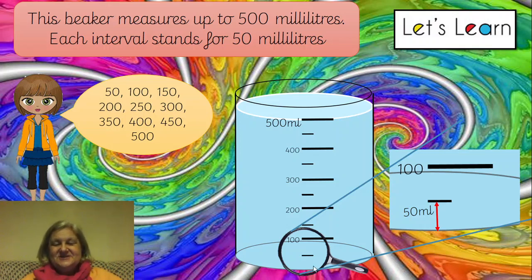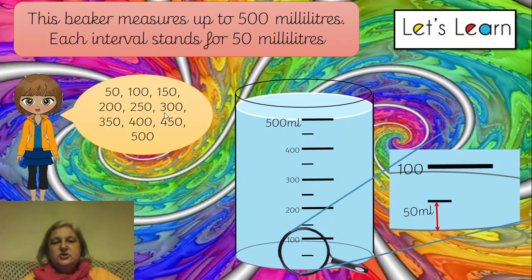Okay, so we're going to jump up and do step counting in 50s. So this would be 50. You can count it together with me. 50, 100, 150, 200, 250, 300, 350, 400, 450, 500. Because this is enlarged here, we've got that first one as 50.